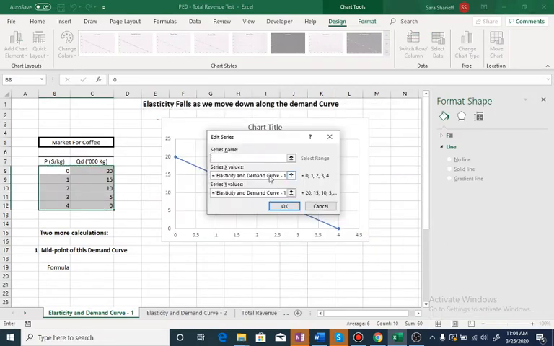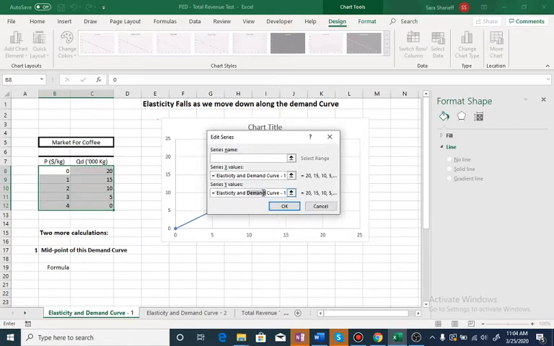So on the x-axis, I need quantity demanded, right?